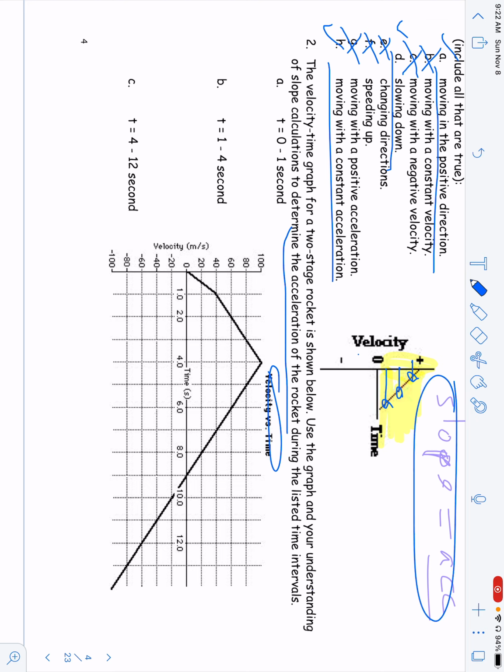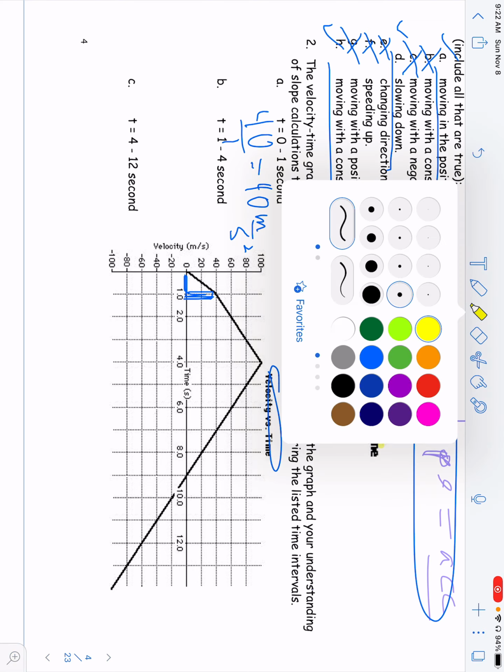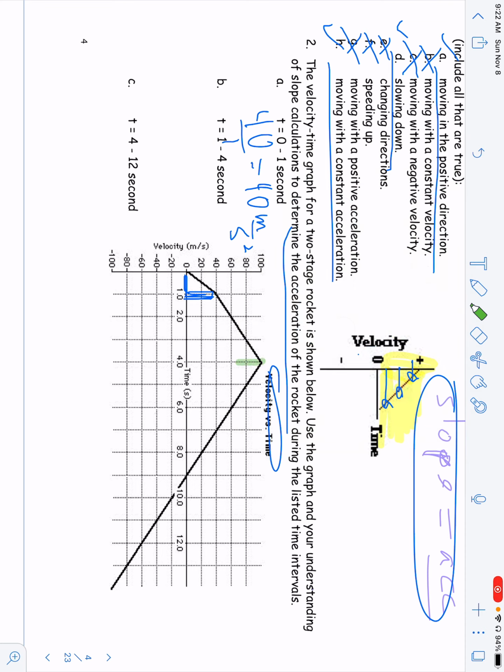For 0 to 1 seconds, slope is rise over run, 40 over 1, which equals 40 meters per second squared. Recognize that unit, meters per second over second, meters per second squared.